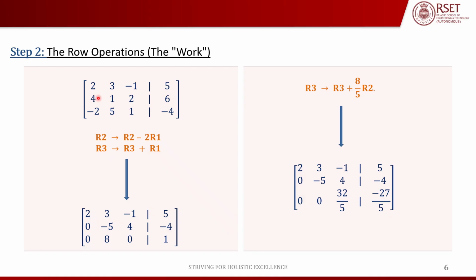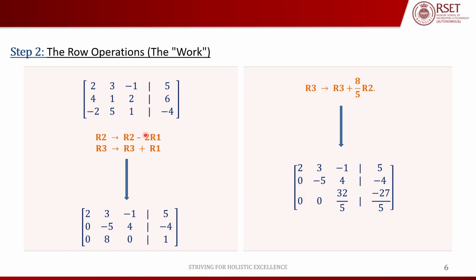So I am doing operations with R2 and R1, and similarly R3 and R1. That is the first step. We are doing the operations with R1 itself. So I'm taking R2, I'm taking 4, and I have to make this 4 0. If this 2 becomes 4, then if you subtract, we will get a 0, right? So how can I make this 2 4?